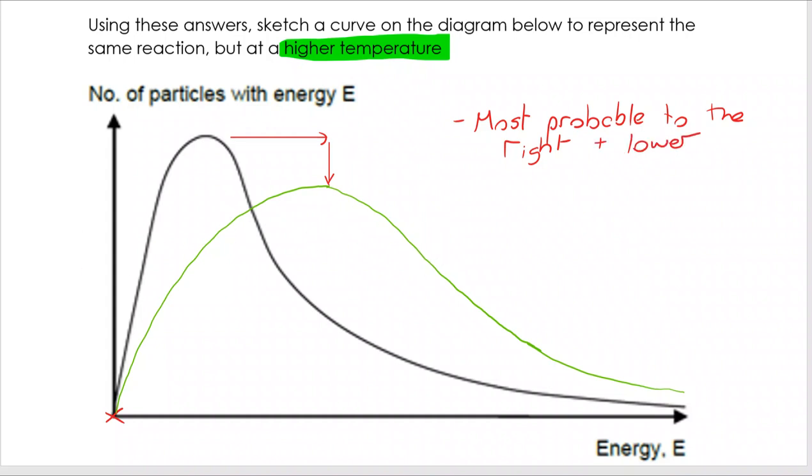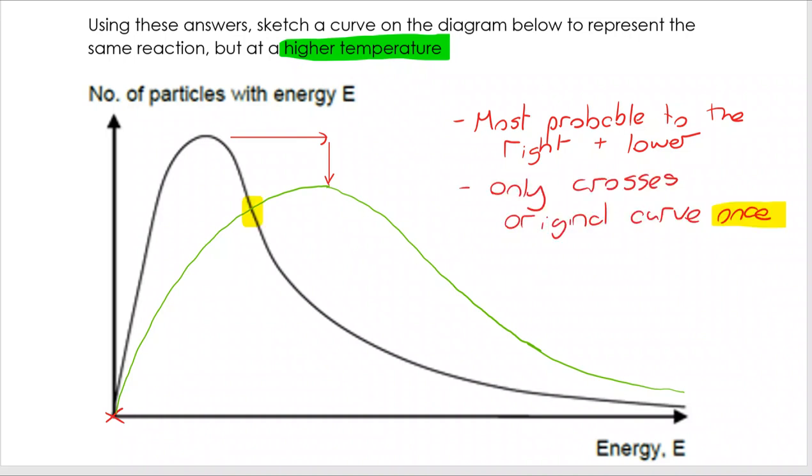And we need to think about why. If the area remains the same and more particles have higher energy, then we're essentially stretching this curve across. We're pulling it over. So more particles have higher energy. So we can't possibly have the same number with the probable energy.